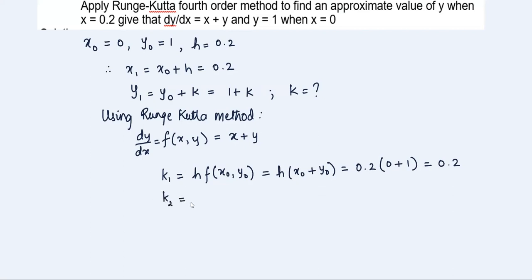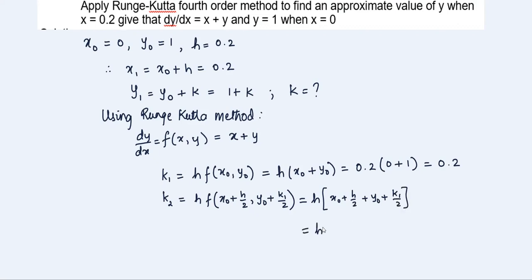k2 is h times f of x naught plus h by 2, comma y naught plus k1 by 2. So this becomes h times the sum of the x and y coordinates, right? f of x comma y is x plus y. So it will be x naught plus h by 2 plus y naught plus k1 by 2.